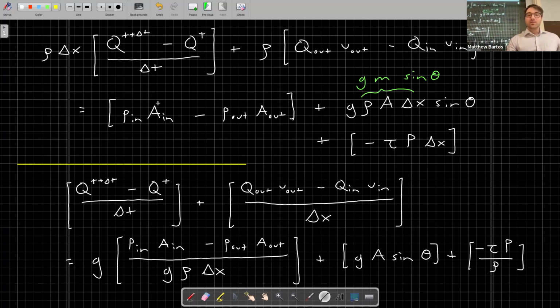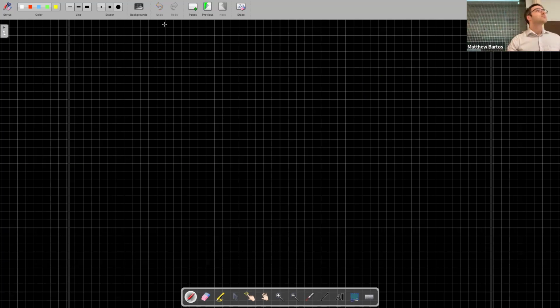All right, so I'm going to make two simplifications here. The first thing I'm going to do is simplify the sine theta term. We'll use what's called the small angle approximation.